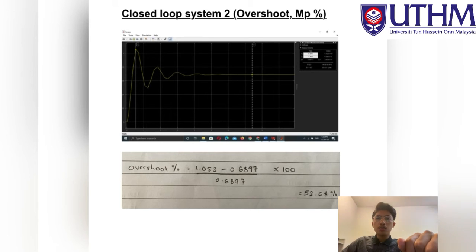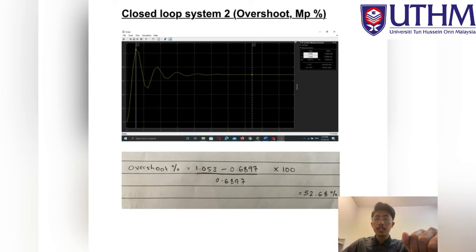So now I want to explain how to calculate overshoot. Firstly, the formula to calculate overshoot is max value minus final value over final value times 100.